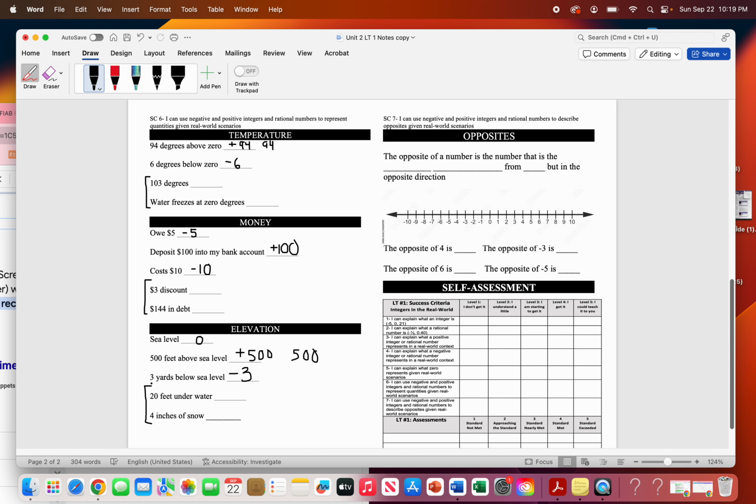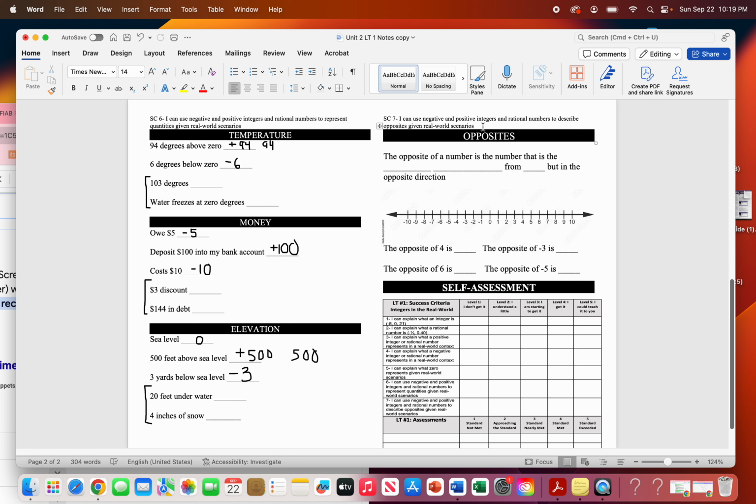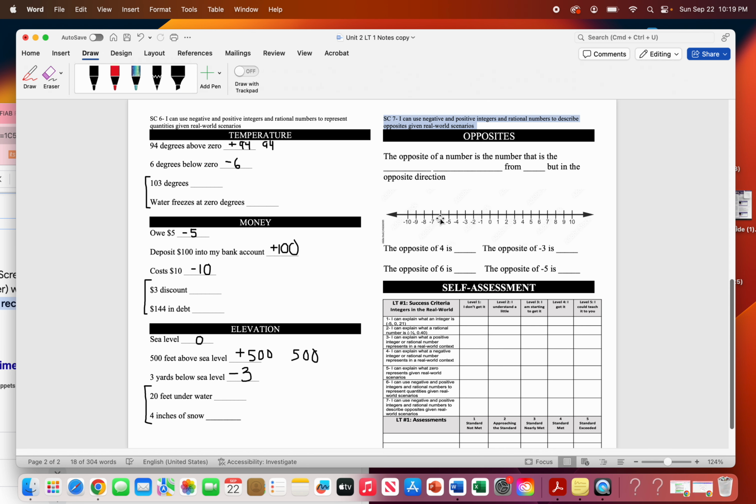All right, last section. When we're looking at opposites, it says, I can use negative and positive integers and rational numbers to describe opposites given real-world scenarios. All right, well, let's read this first one. The opposite of a number is the number that is the same distance from 0, but in the opposite direction.